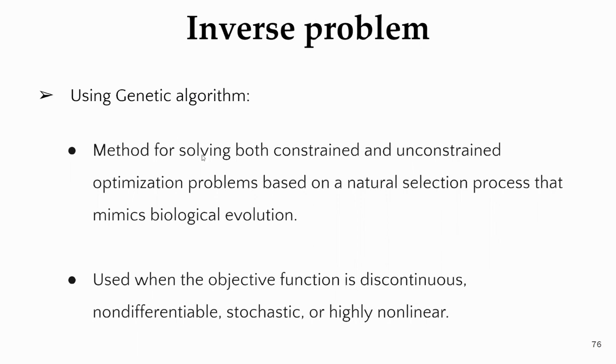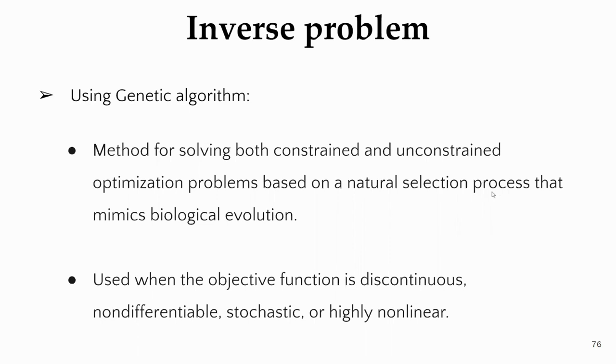So what is a genetic algorithm? Basically it is a method for solving both constrained and unconstrained optimization problems based on a natural selection process that mimics biological evolution. What it means is, in each step from the general population, the genetic algorithm takes a part of a randomly selected population and makes them the parents of the next step, or in a way you can say the next children.